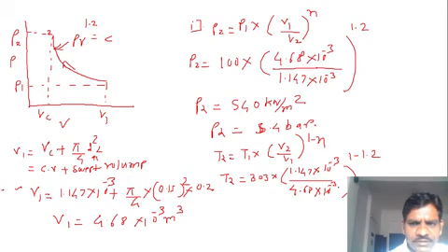After rearranging these parameters, because there is a 1 minus N, we require N minus 1.